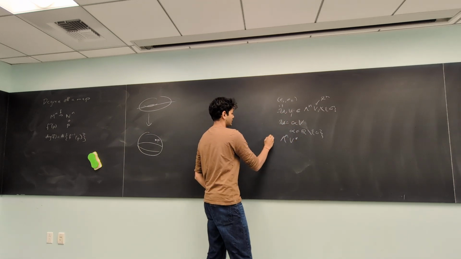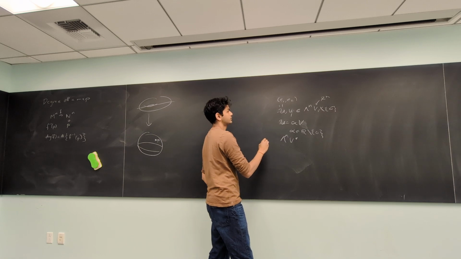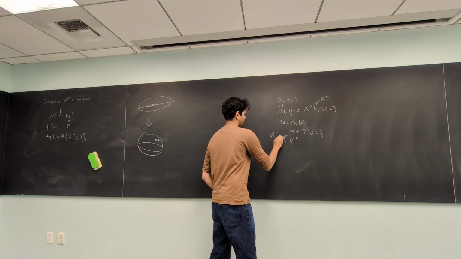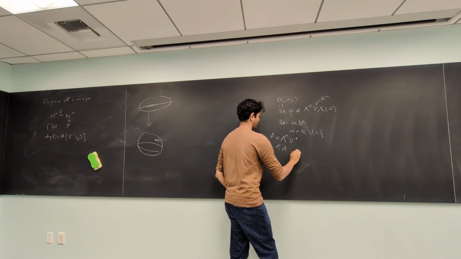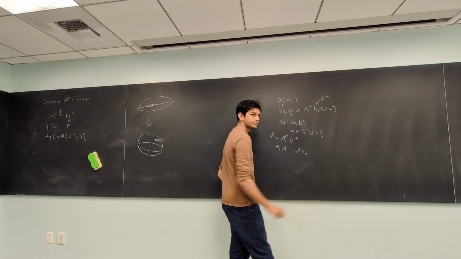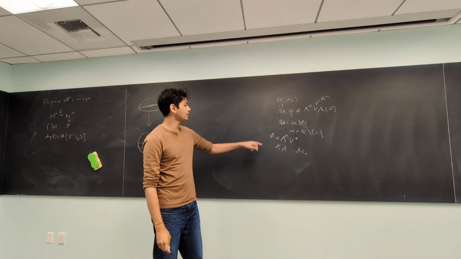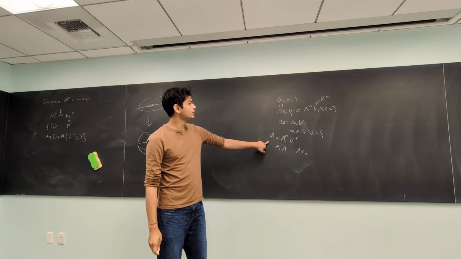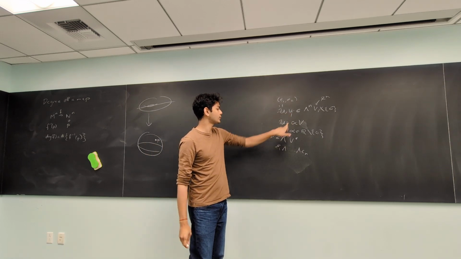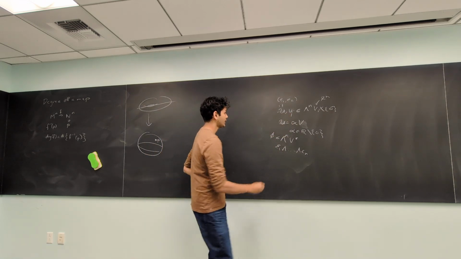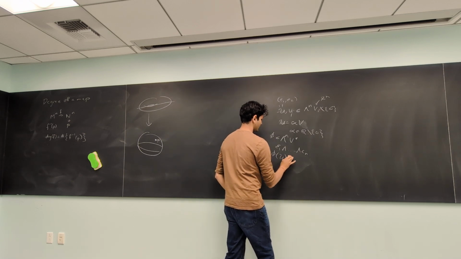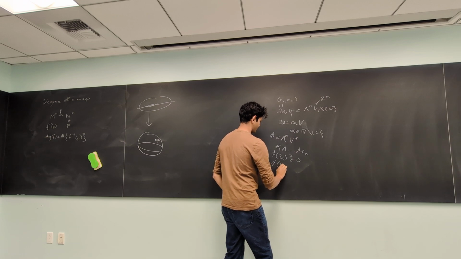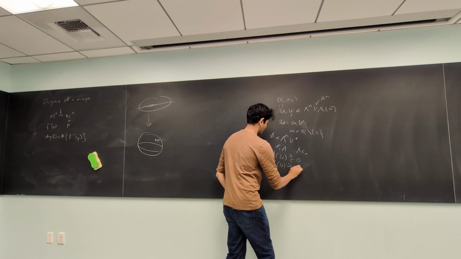So what you can do is you can take some phi in this guy. Remember, this is something that looks like epsilon 1 through epsilon n. If you have some phi here, then you can say whether this is positive or negative with respect to phi by looking at phi of u, whether this is greater than or less than 0.